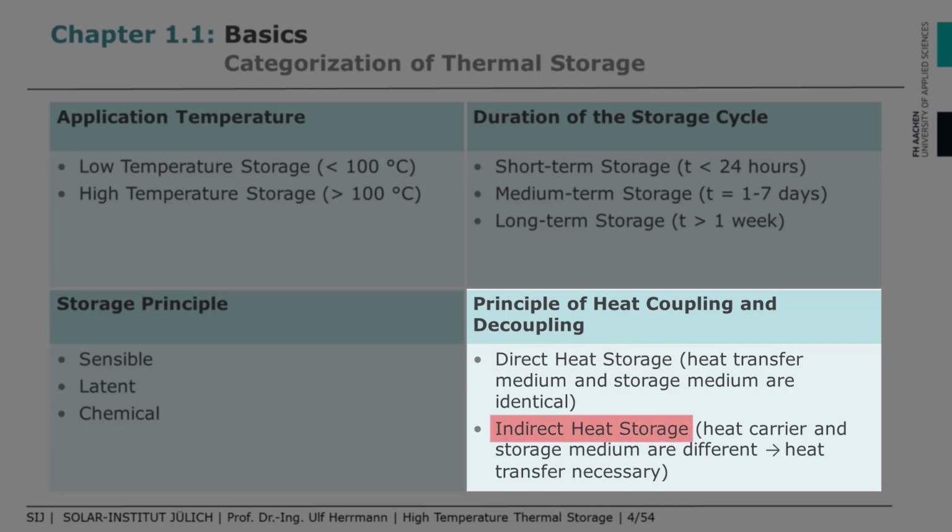Indirect means that the storage medium and heat transfer medium are not the same. This means that the heat has to be transferred from the heat transfer medium to the storage medium. This becomes necessary when the heat transfer medium itself is not suitable for storing, for example, if this would only be possible under high pressure, as it is the case with water vapor.